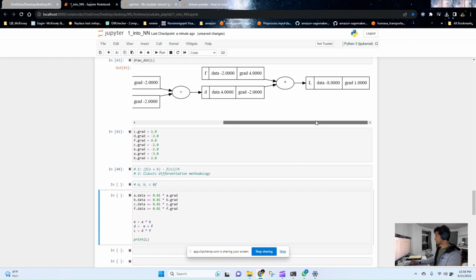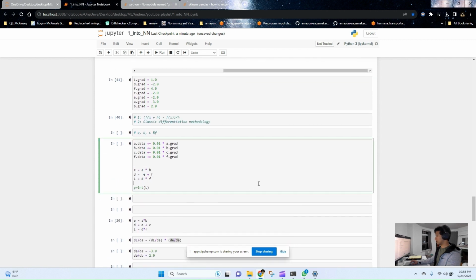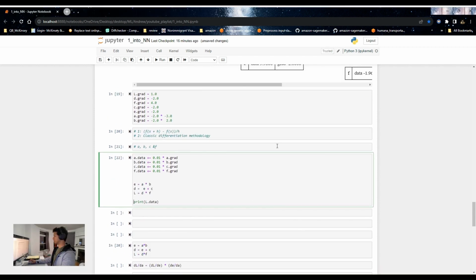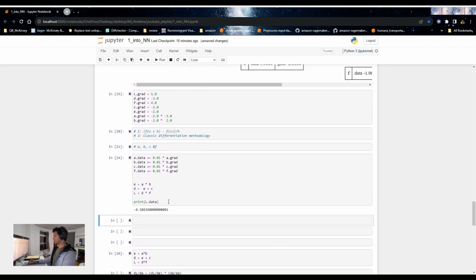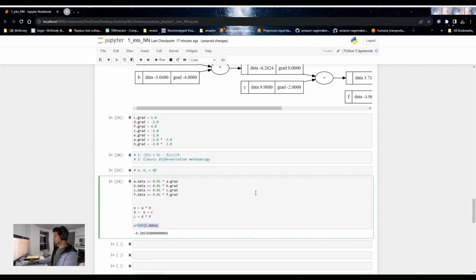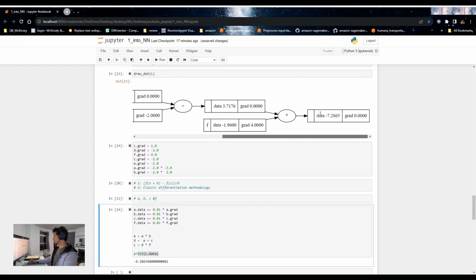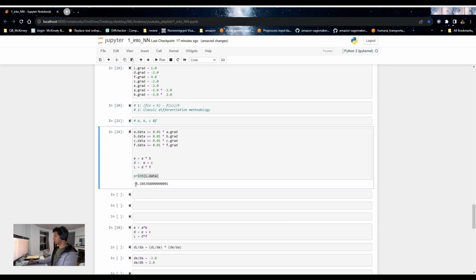Let me restart this and run everything. It's pretty evident that the loss has reduced from 8, which is what it was initially, to minus 6.5.